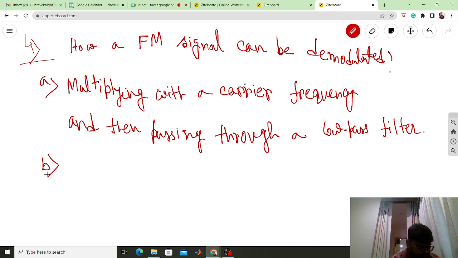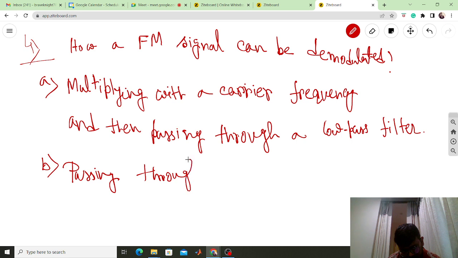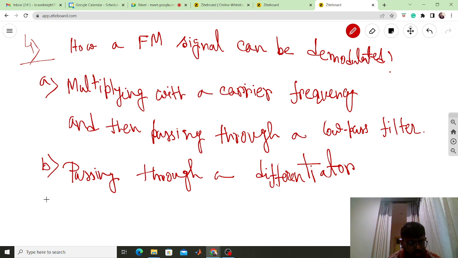Option B, passing through a differentiator followed by envelope detection.